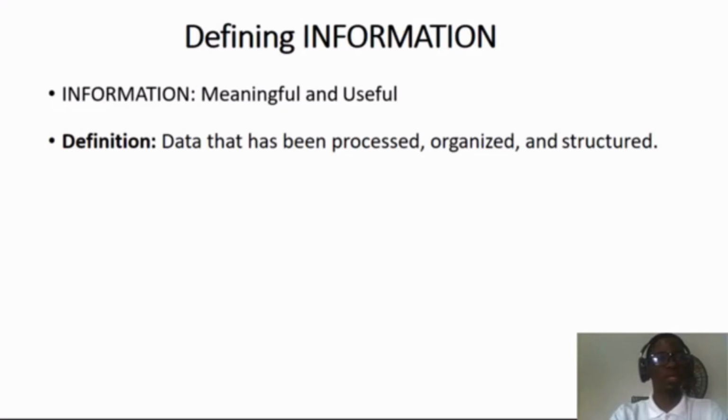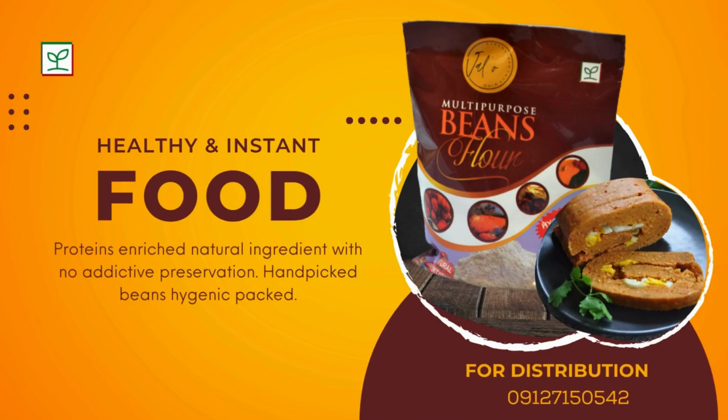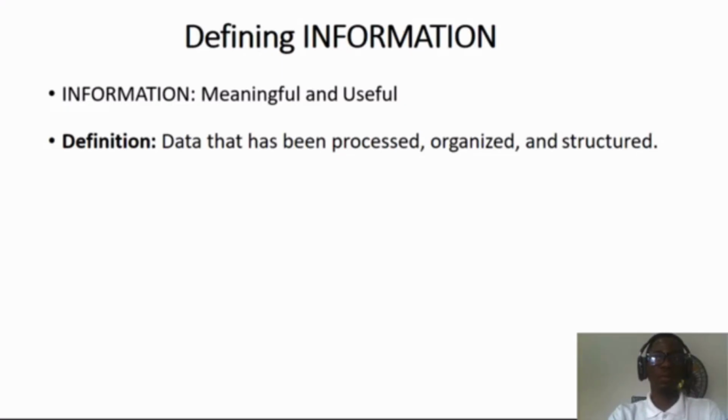Or if I say John is a computer analyst, or, give me another name, Popola is a data scientist, or Popola is a web developer. You can see that we have data with the name, then it's giving a meaning, because we know Popola is a web developer. So that is the meaning of information. At that point, it has meaning.